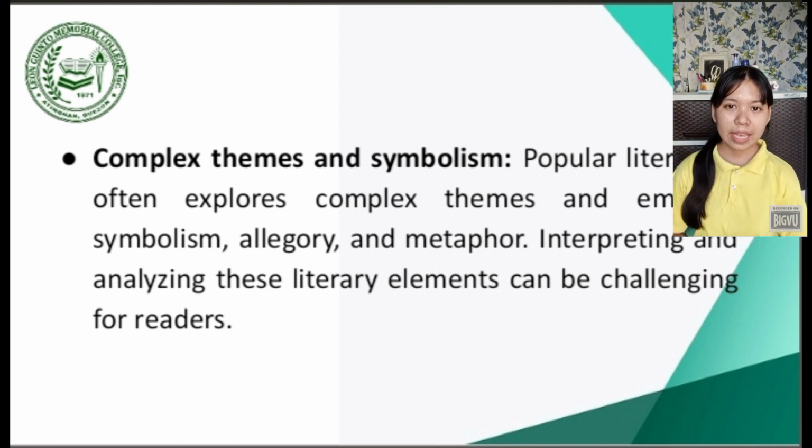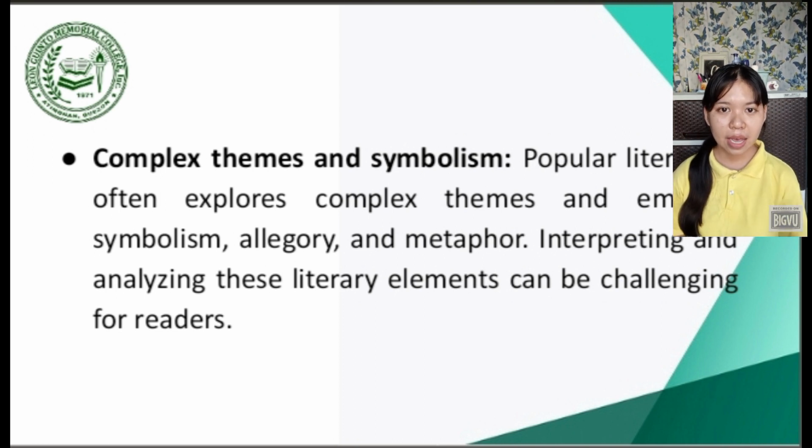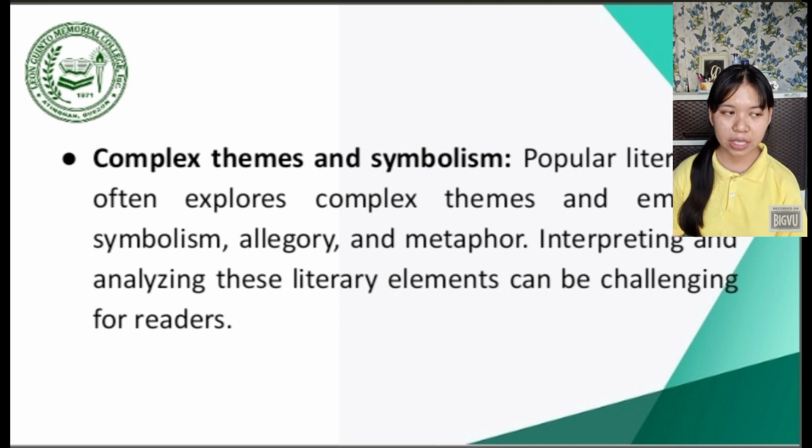Like what I have said earlier, popular literature often explores deep and complex themes and uses symbolism, allegory, and metaphor to convey meaning. So, you have to, of course, look for objects, characters, colors, or settings that carry different meanings. After that, you have to interpret and analyze it by giving attention and using critical thinking in order for you to fully grasp the intended message or theme.